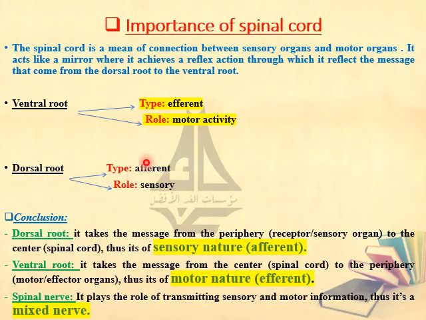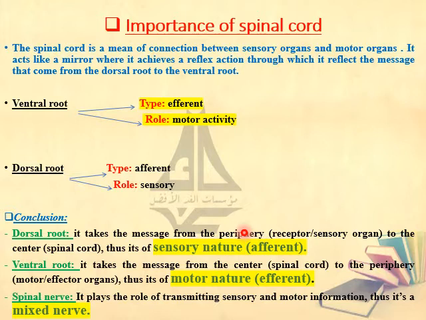And with respect to the dorsal root, its type is afferent. Afferent means sensory, because it receives the messages from the receptors of the sensory organs. And its role is sensory because it carries the sensory messages from the sensory organs into the spinal cord in order to be analyzed. As a conclusion, the dorsal root takes the message from the periphery, which are the sensory organs, to the center, to the spinal cord.